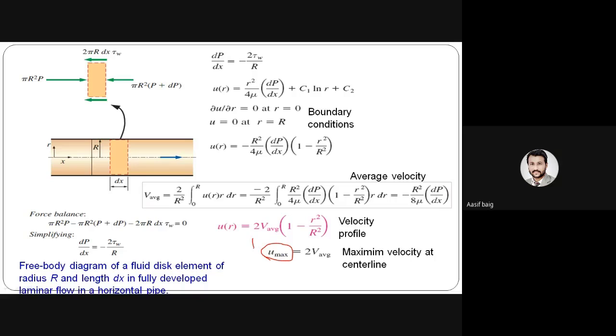So from the earlier statement, we can say that the average velocity is half of the maximum velocity. This is the free body diagram of the fluid element of radius r and length dx in fully developed laminar flow in a horizontal pipe.